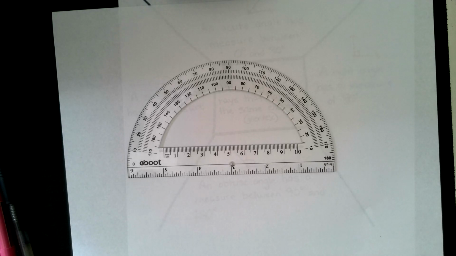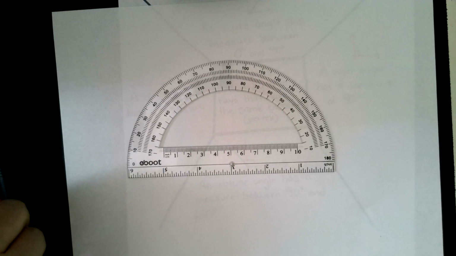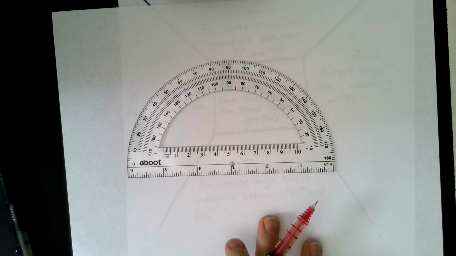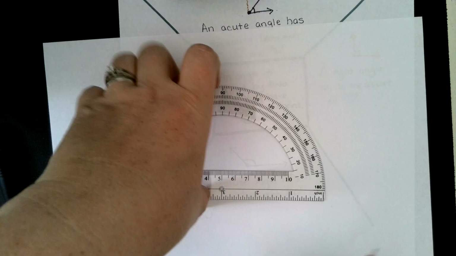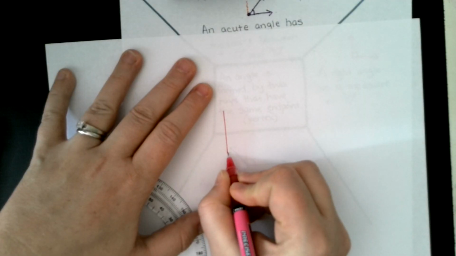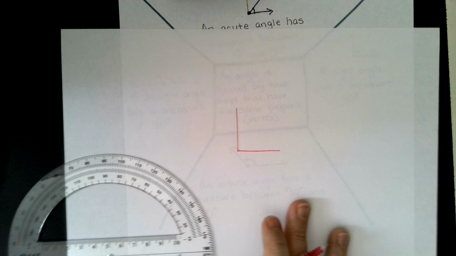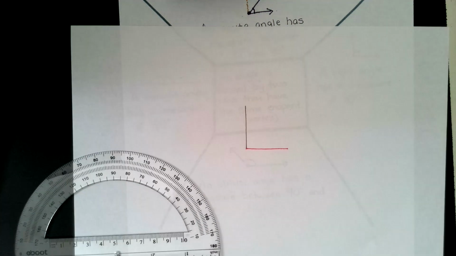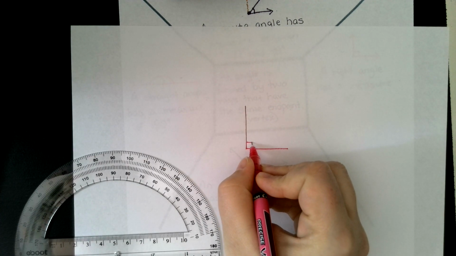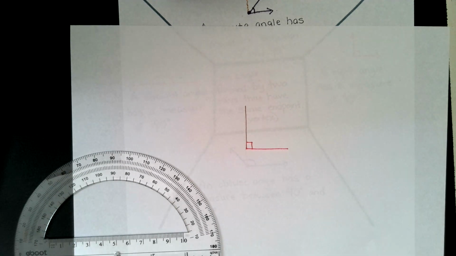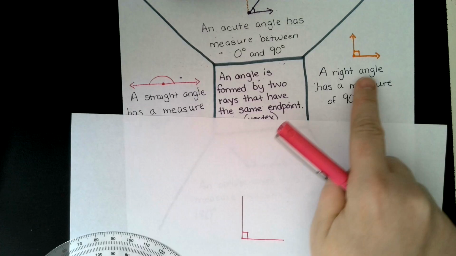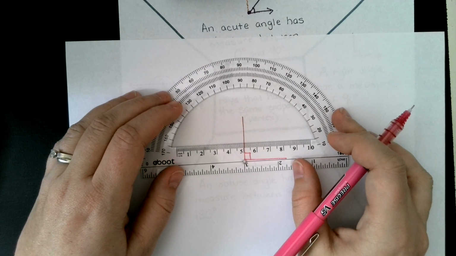So let's say that I had an angle. I'm just going to draw. Now, hopefully I drew this good enough that it will work with the protractor. When I look at this in my head, I go, that's a right angle. Okay, so in my notes, it said a right angle has a measure of 90 degrees. So I'm going to take this little circle right here and this little line right here.